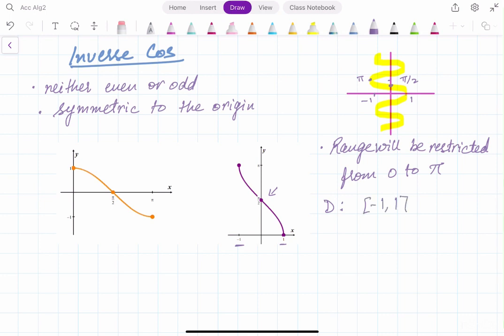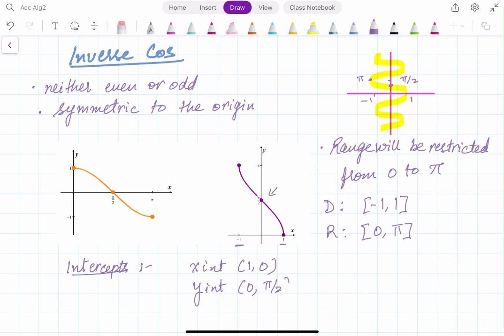The domain is negative 1 to 1, and the range is 0 to pi. Now the intercepts. As I said, it has separate x and y intercepts. As you can see from the graph, the x-intercept is (1, 0), and the y-intercept is at (0, pi over 2).